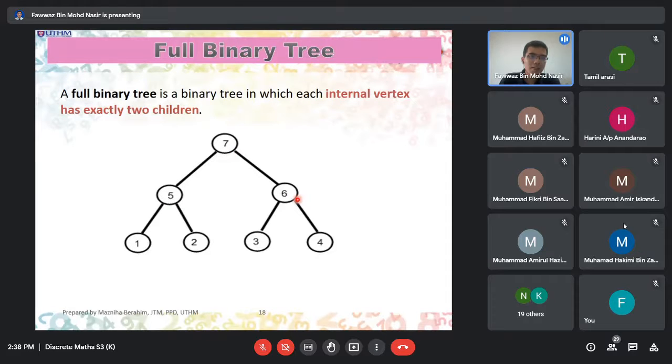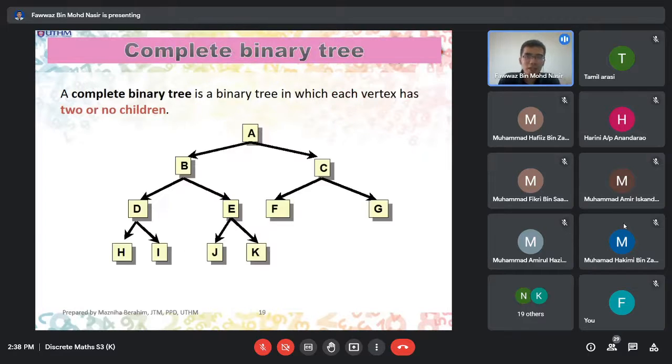Okay, jadi a full binary tree dia mesti ada exactly 2 children for all the internal vertices. Okay, so ini adalah an example of a full binary tree. Okay, kita tengok semua internal vertex dia ada exactly 2 children. Kemudian a complete binary tree is a binary tree in which each vertex has 2 or no children.